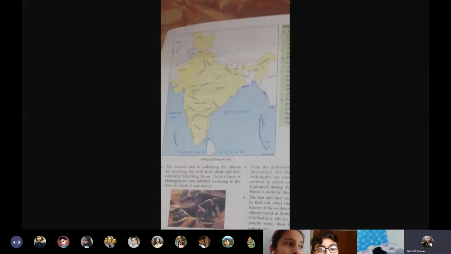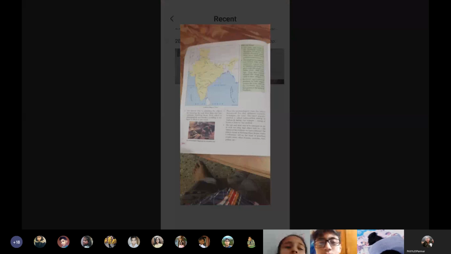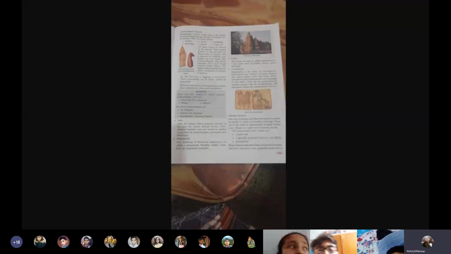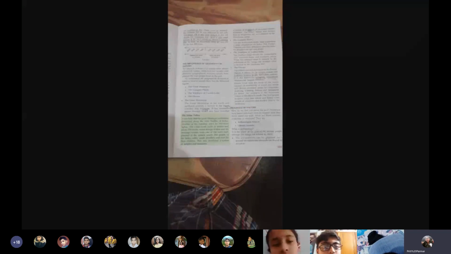The next is the Gangetic Plain. It is one of the most fertile areas supporting a large population of India. The Ganga, Yamuna, and their tributaries provide water for irrigation for the vast plains. Now comes that area of India which is plain, fertile, and watered by many rivers.